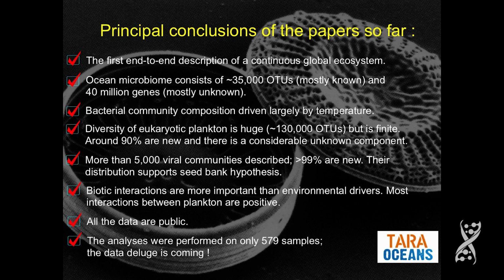And the analyses that we've done so far have only been done on 579 samples, so there's 40,000 more to look at. So the data deluge is coming, so better to start now than wait 6 months to dig into this data. And then just some other unpublished things that we're looking at now, just to give you an idea of how we're continuing this work.